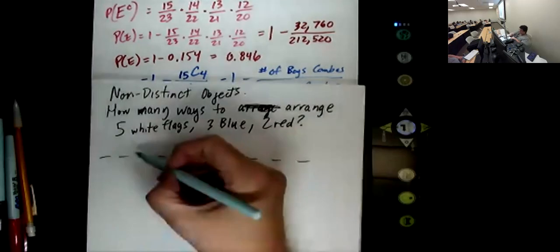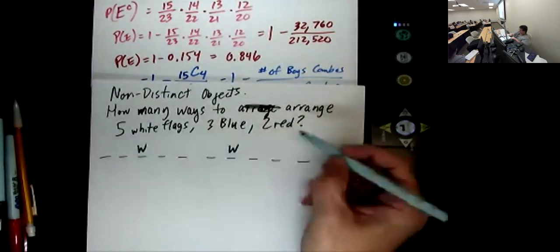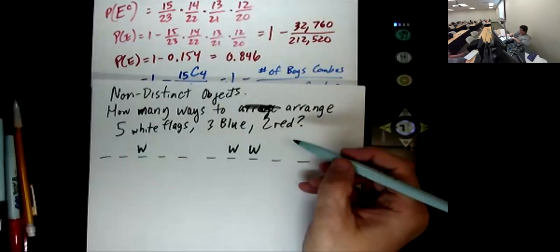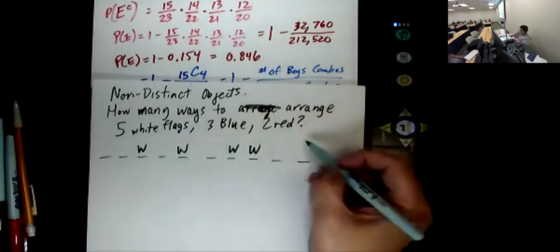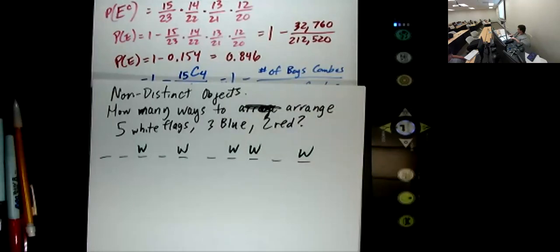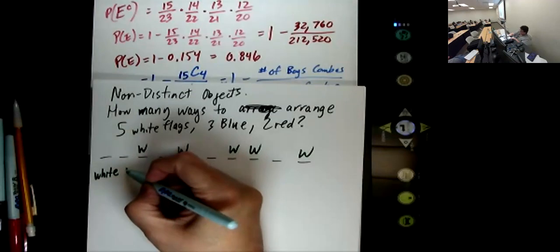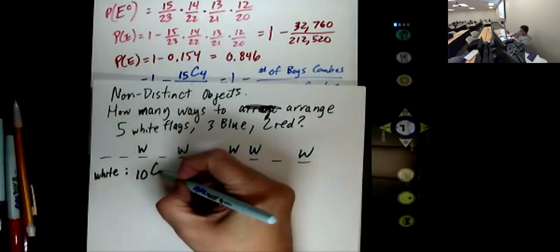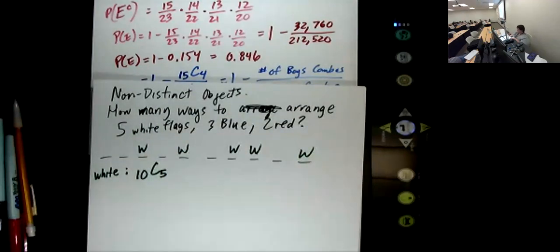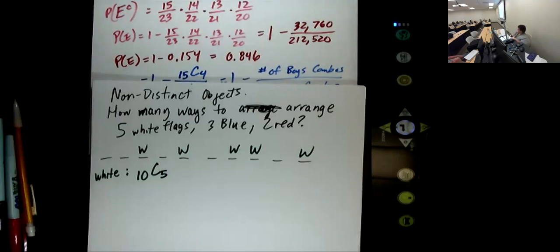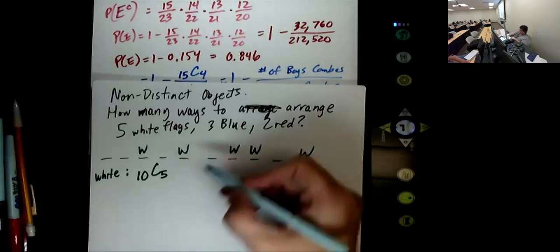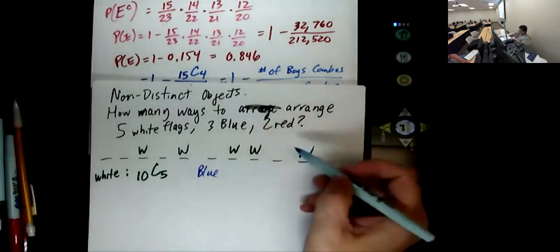So I could put a white flag here, I could put a white flag over here, I could put 2 in a row, I could have 1 here, I could have 1 here. Let's say that's what I do. For the white, I had 10 spots to choose from, and I chose 5 of them. Then I do my blue flags. How many spots do I have left?